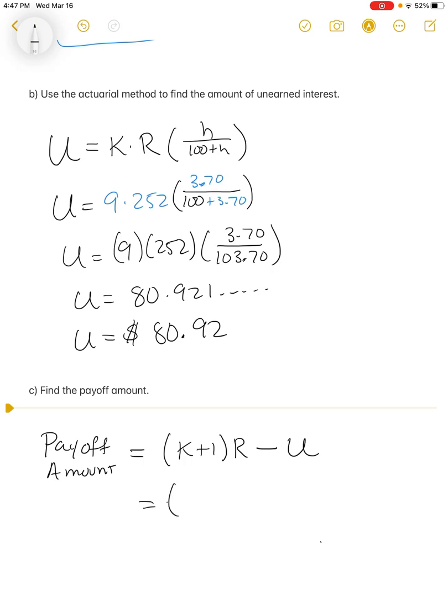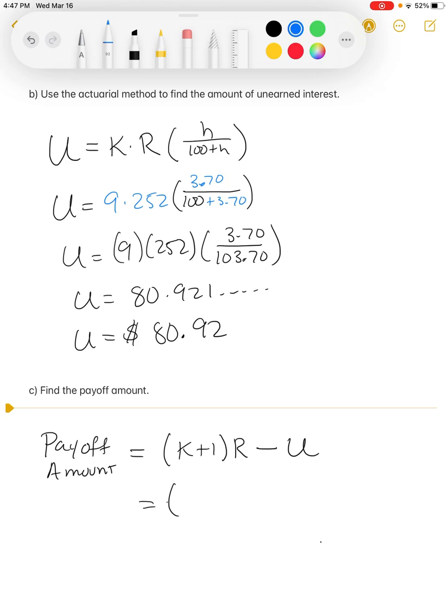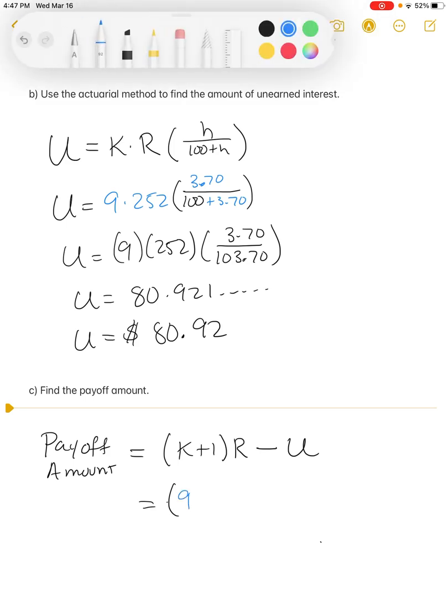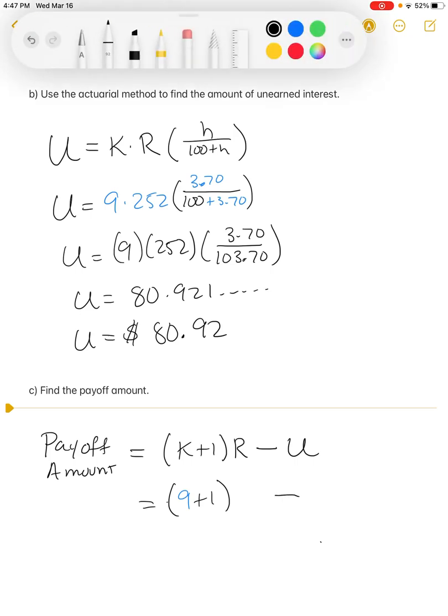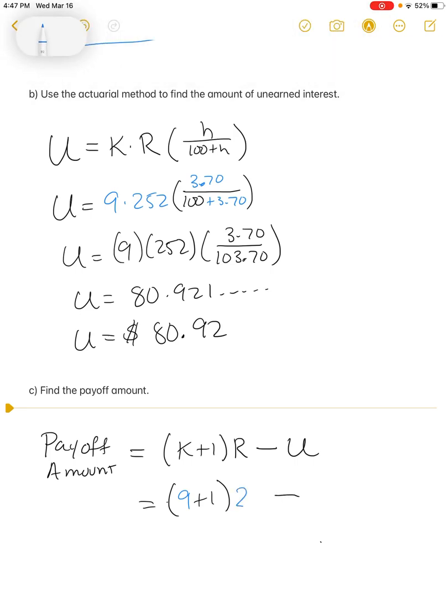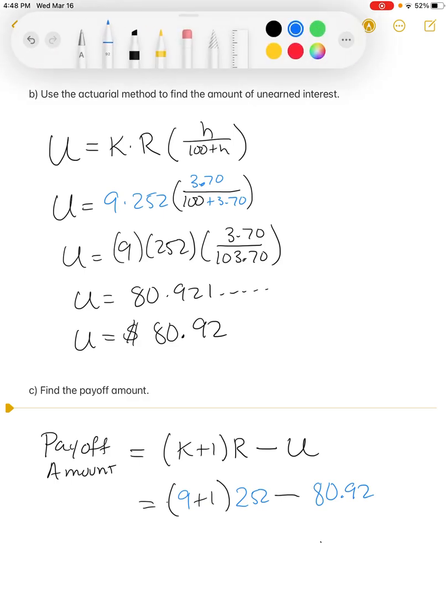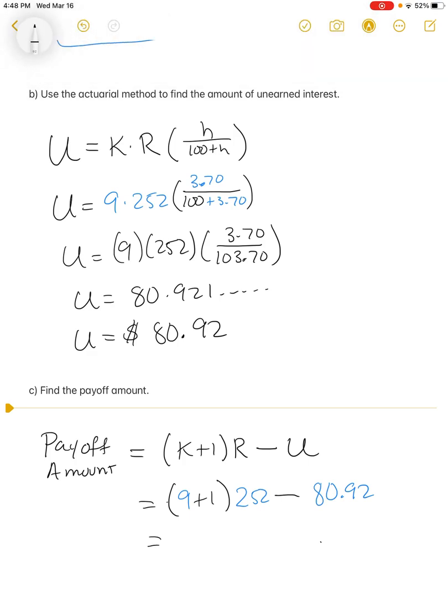So if you remember, our number of remaining payments was 9 plus 1. Our regular monthly payment is right above there. That's the 252. And the unearned interest we just found out was 80.92. Well, like I promised you, the formulas just keep getting better and better. Wasn't too long to do that one.